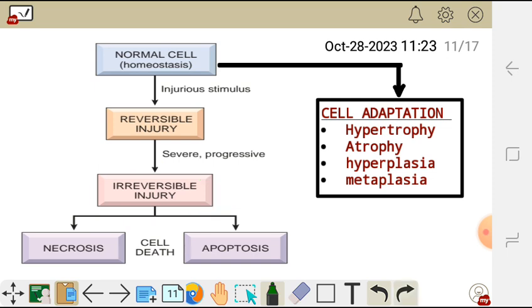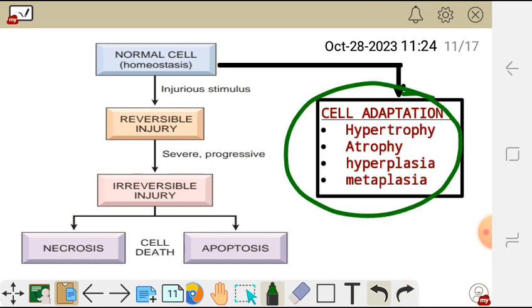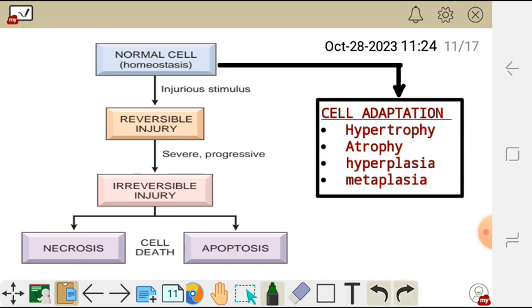If it is irreversibly injured, that cell can't be reversed to its normal function, and eventually that cell is going to die. So that will lead to cell death. A cell can die in two ways, by necrosis or by apoptosis.